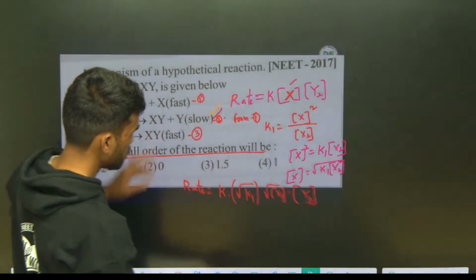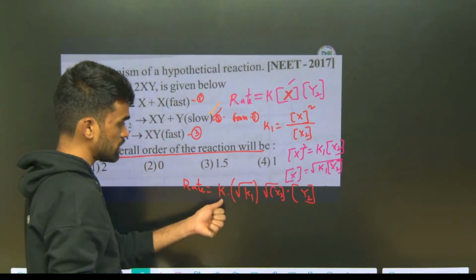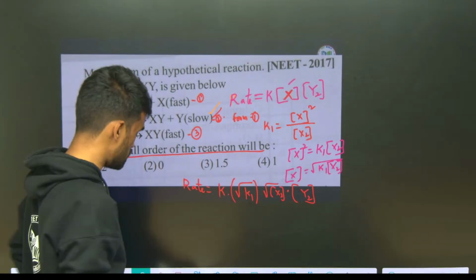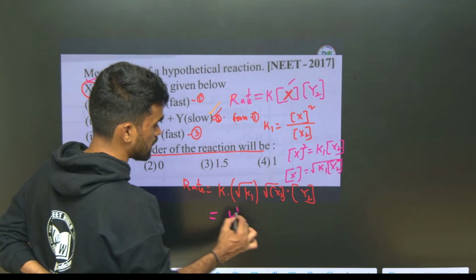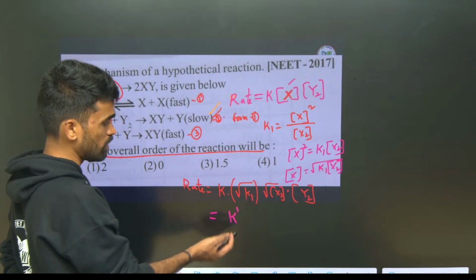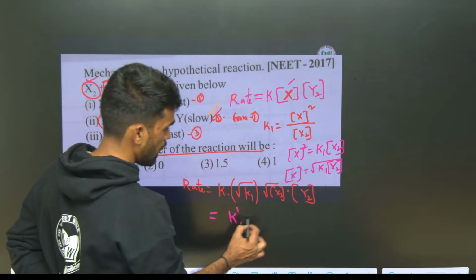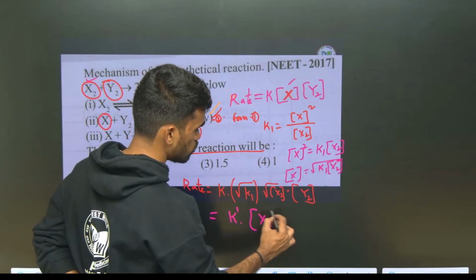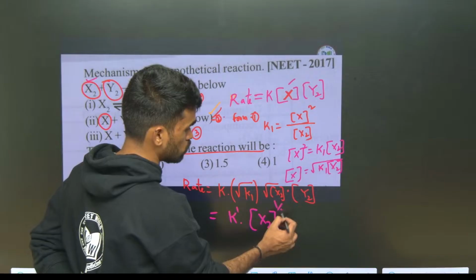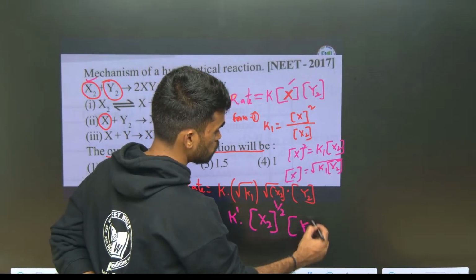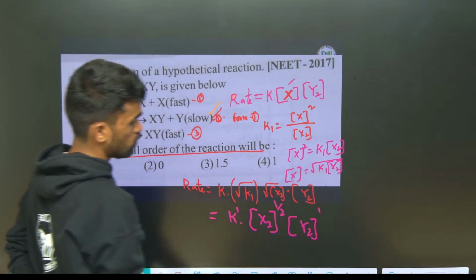K is a rate constant and K1 is also a constant, so both are multiplying, so I am writing it as a new constant K dash. The X2 power root we have now, that I can write as 1 by 2, and concentration of Y2 power 1 here we have. What is the total order?